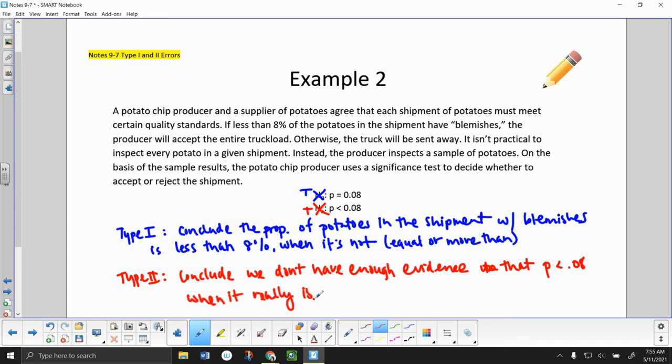Meaning the proportion of blemishes in the shipment is less than 8%, but we're concluding that we don't have enough evidence to show that.